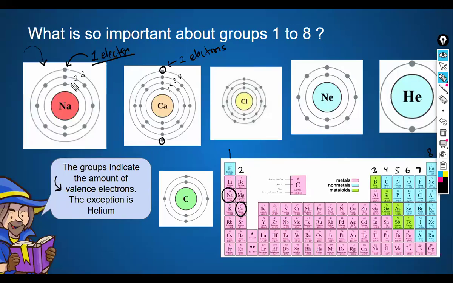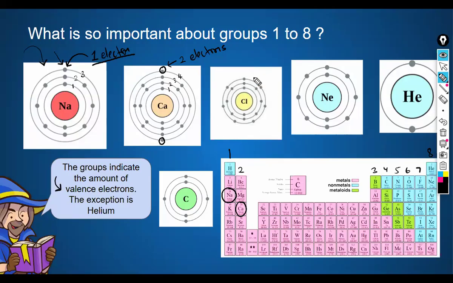Don't get me wrong, all of them are going to have different amounts of protons, electrons, and neutrons. But you can bet all your money, lithium, sodium, potassium, all of them, when you finish drawing it, will have one electron on the outermost shell, or the last shell, or the valence shell.